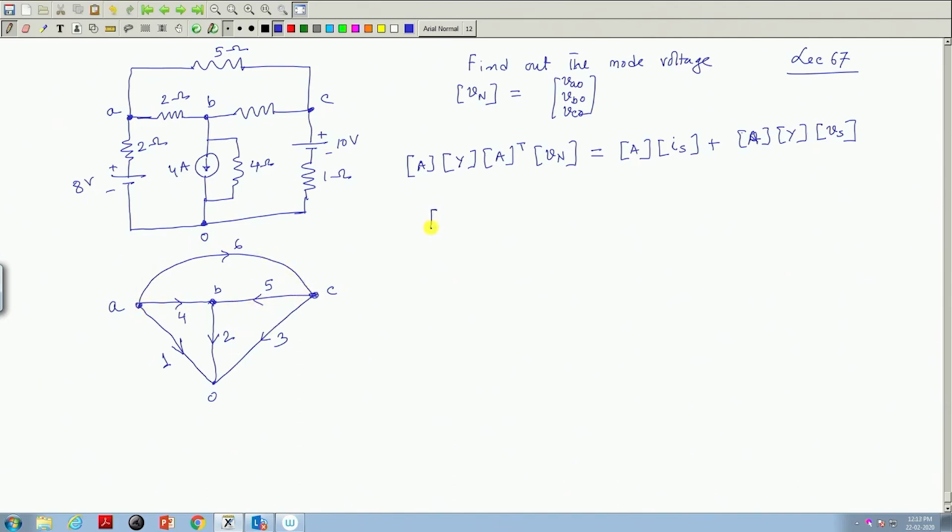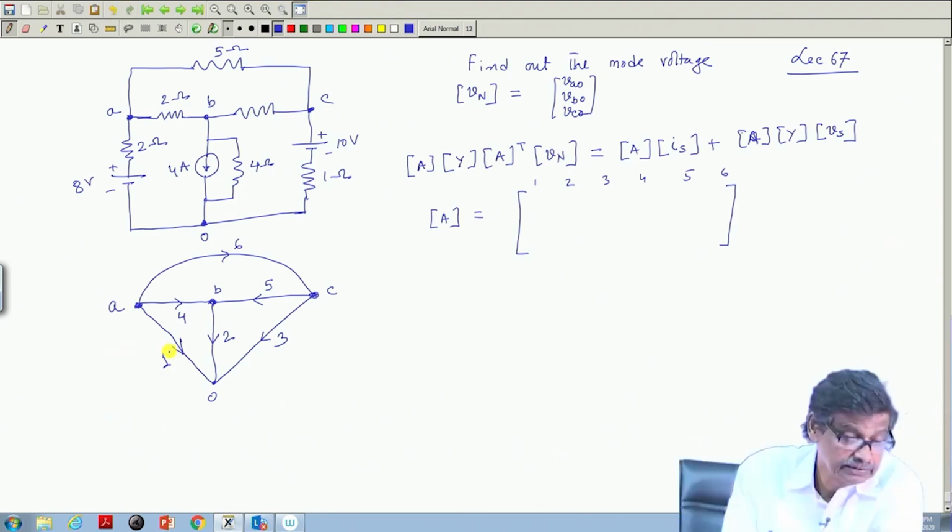The total graph, you go at each junction, this is nodal. So, the A matrix for this one will be at node A and all the elements will participate. So, 1, 2, 3, 4, 5, 6. Come to node A, anything coming out of this will be assigned plus sign.